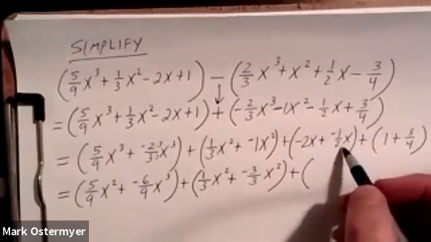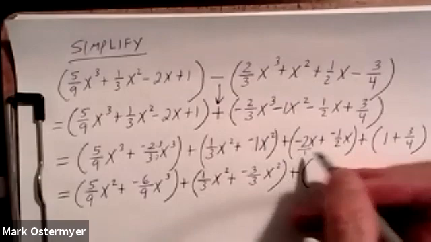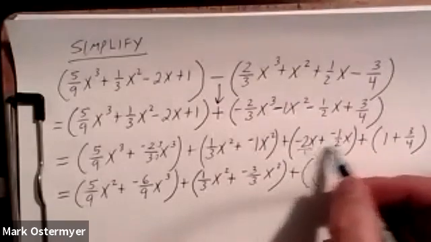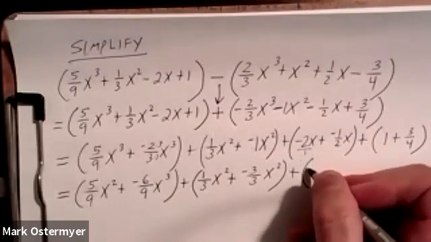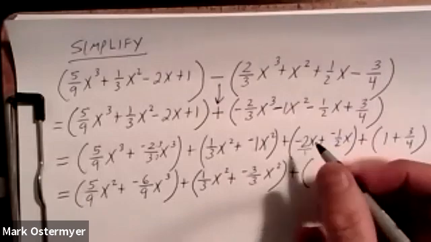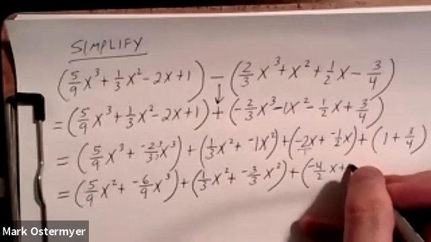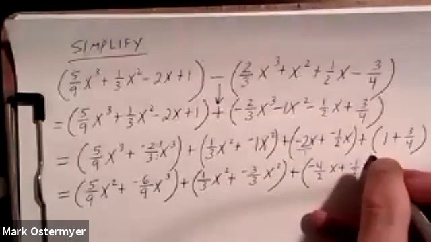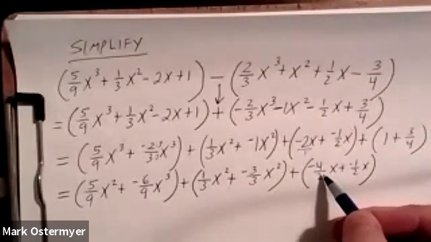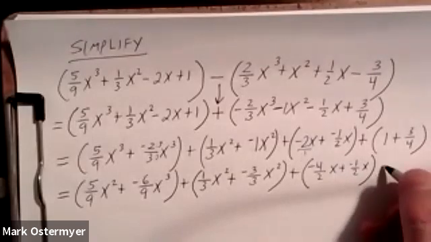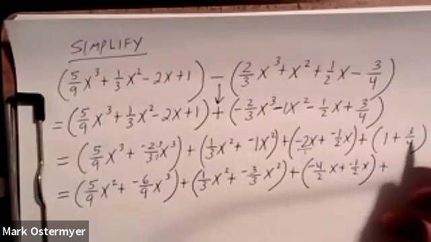Negative 2x plus negative 1/2 x. Common denominator of 1 and 2 is 2. So if we multiply top and bottom of negative 2 by 2, we'll call it negative 4/2 x plus negative 1/2 x. Negative 4/2 is another name for negative 2. Finally, 1 plus 3/4.